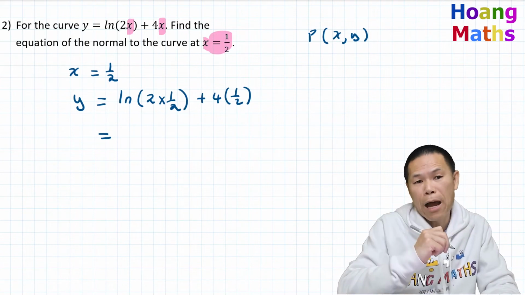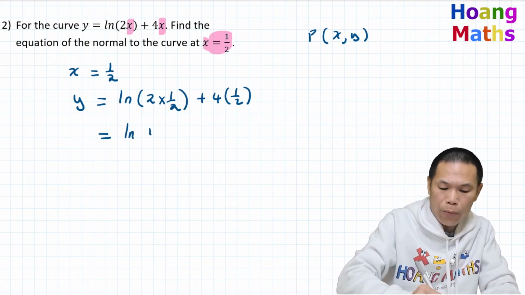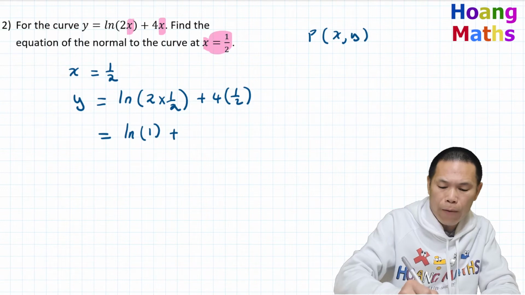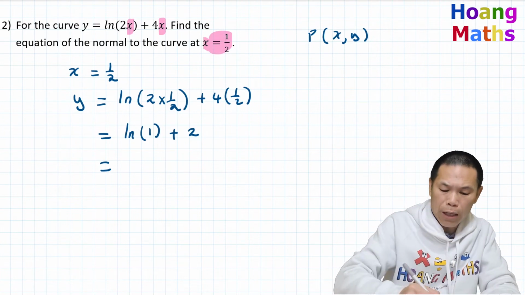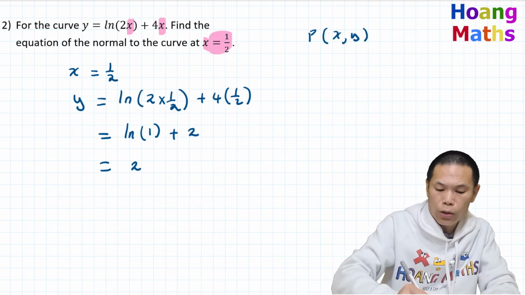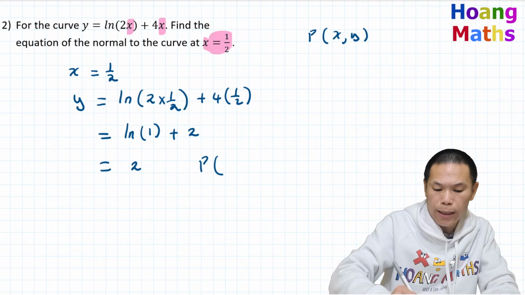So 2 times a half is 1, so ln 1, and then we add a half of 4, which is 2. The answer is ln 1 is 0 plus 2, so the answer is 2. Therefore the point is a half and 2.